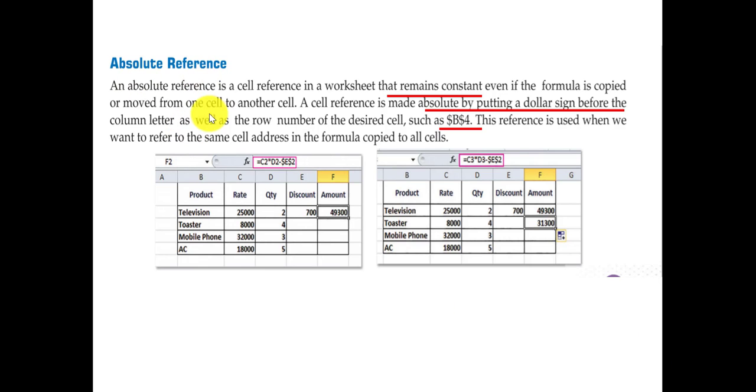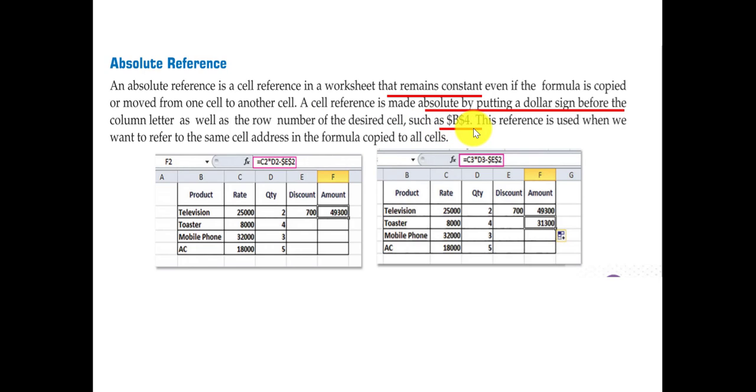Absolute reference. In absolute reference, the data remains constant even if the formula is copied or moved from one cell to another. A cell reference is made absolute by putting a dollar sign before the column letter as well as the row number of the desired cell, like $B$4.